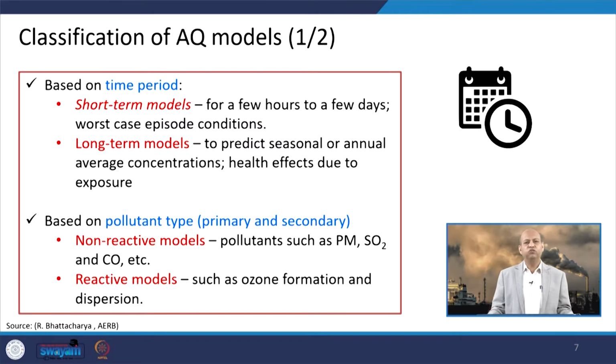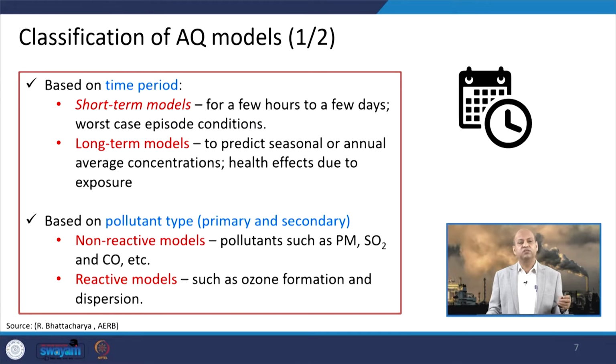Then, to understand air quality models, they can be classified in various ways. For example, with respect to time period, the models can be short term models, that is, for a few hours to a few days they can estimate the concentration, and worst case episodic conditions, because of accidental release of some air pollutants, can be modeled.